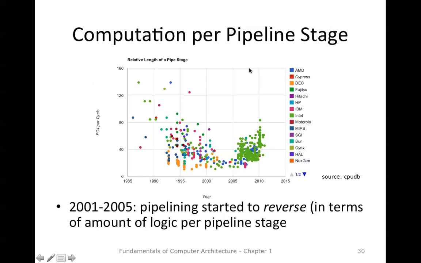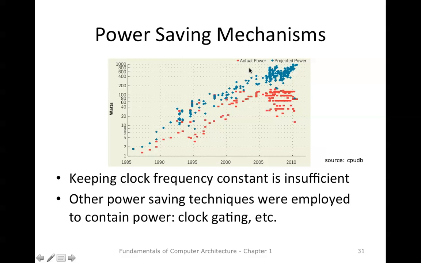Now, is this all enough to cap the power consumption on a die? Alright, the next curve essentially shows that keeping the clock frequency constant between 2001-2005 turns out not to be enough in capping the power consumption. Okay, so there are two sets of data points here. The projected power is obtained from technology parameters, voltage, frequency, and so on.